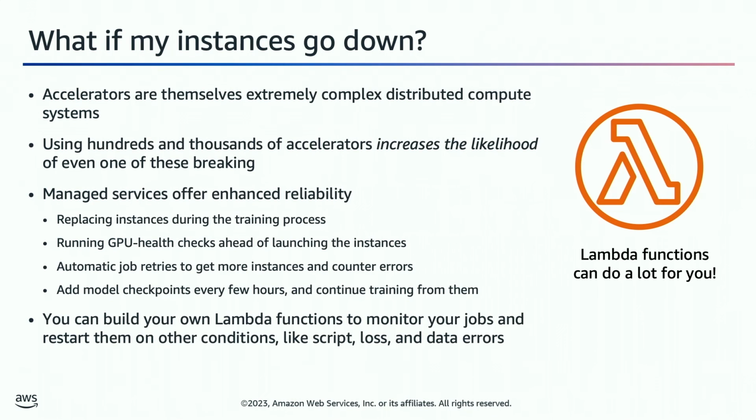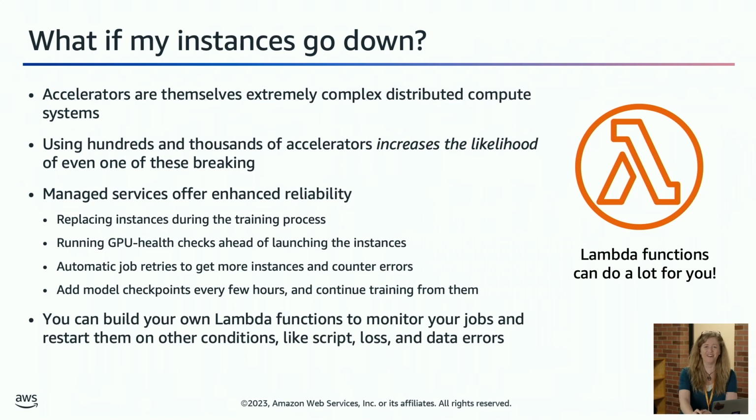Yes, and then the top question, what if my instances go down? Accelerators, GPUs, are super complex distributed systems. While a CPU chip is going to have a few blocks in it, a few caches wherein it can do processing for just a few objects, like holding clicks in memory, for example, it's great at that, but it's not great at throughput.